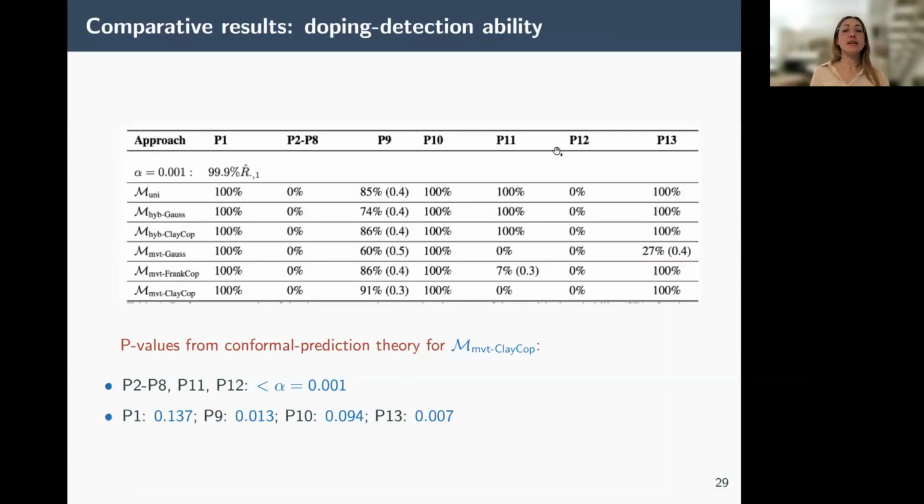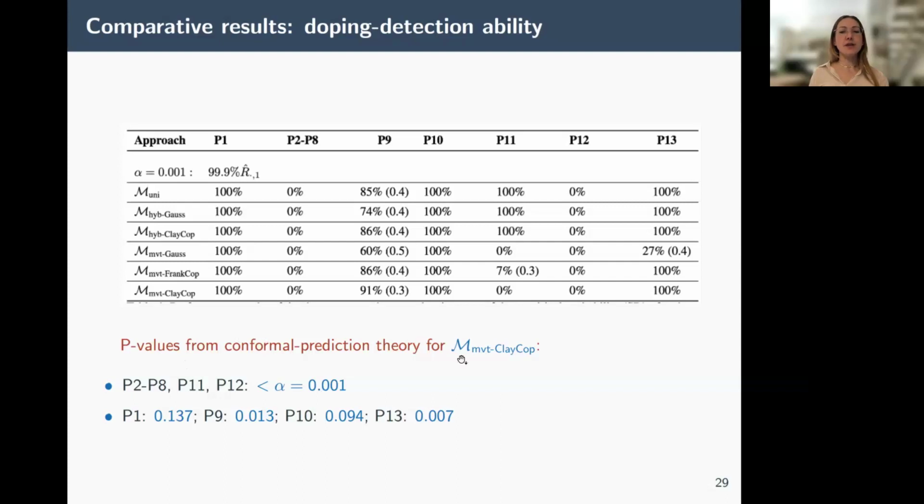And it is flagged as anomalous in almost all of the cases. This point, the red point, is P11, and with the multivariate approaches, this point is never included in the highest predictive region derived by the conformal theory.